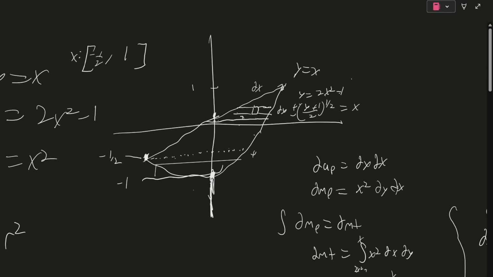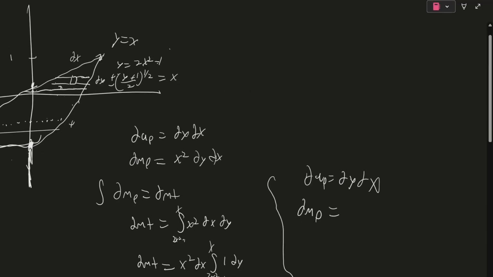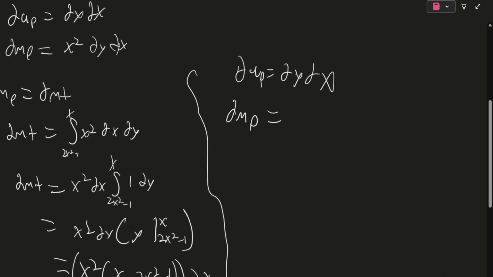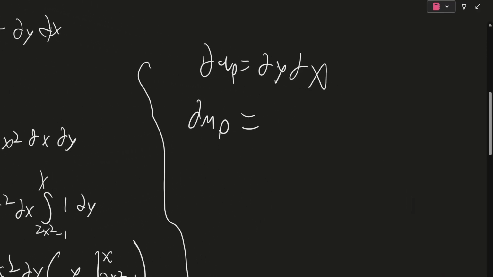All right. I'm sorry, I accidentally went a little bit ahead of myself. The dm of the point is going to be our density function multiplied by dy dx, so it's just going to be x squared dy dx.